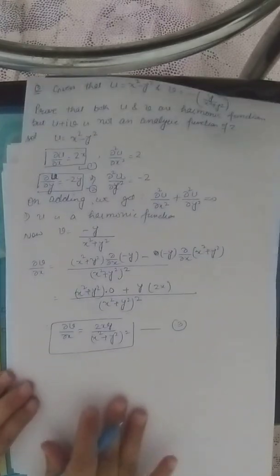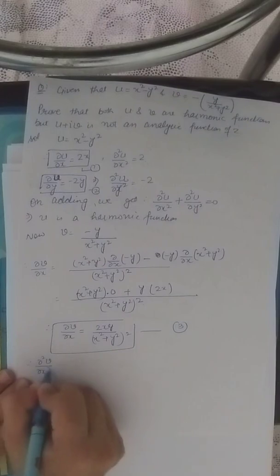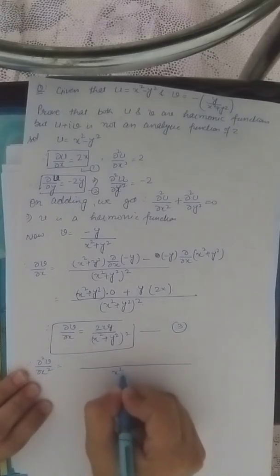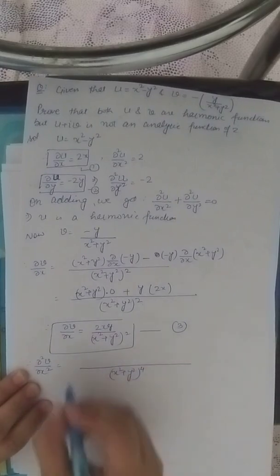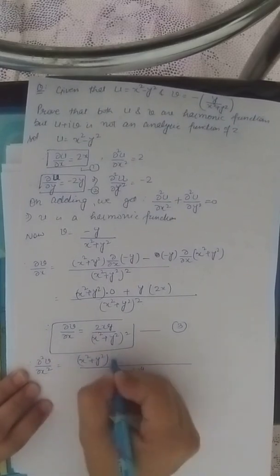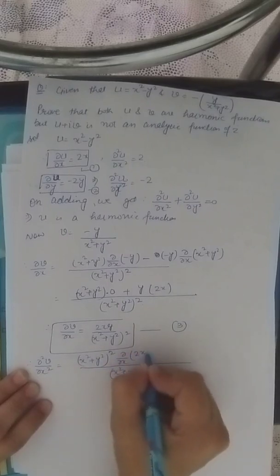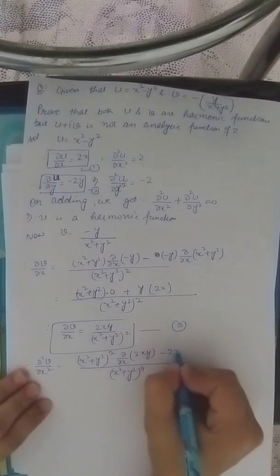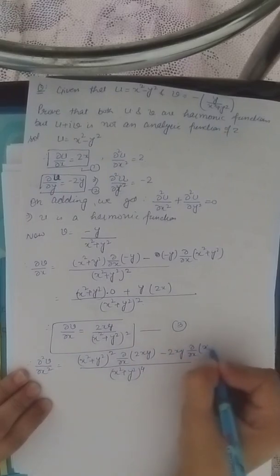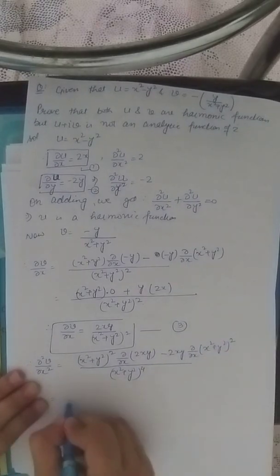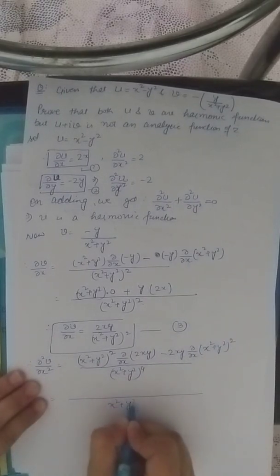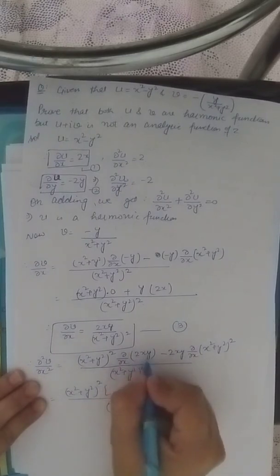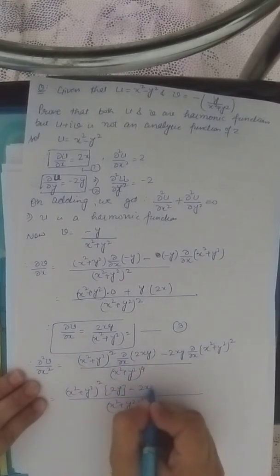Number 3, therefore ∂²v/∂x², its partial derivative again with respect to x, it is equal to denominator whole square, that is x square plus y square power 4, denominator as it is, partial derivative with respect to x of numerator, that is 2xy, minus numerator as it is, partial derivative with respect to x of denominator, that is x square plus y square whole square, or it is equal to x square plus y square power 4, x square plus y square whole square, its partial derivative with respect to x, it will be 2y, minus 2xy as it is.